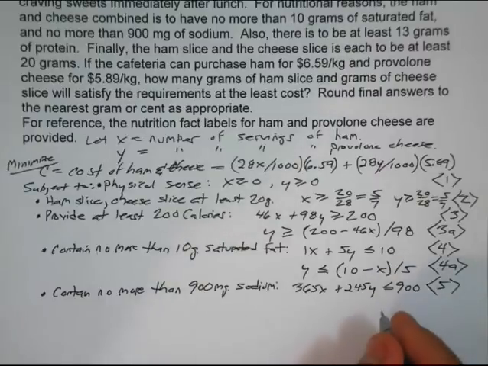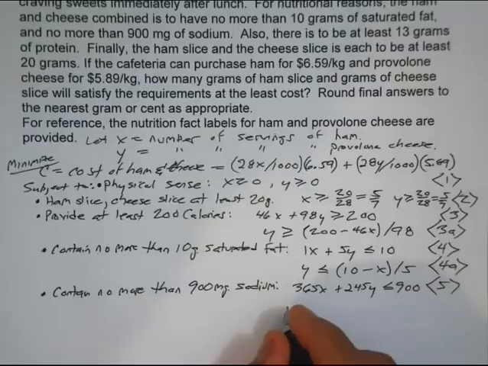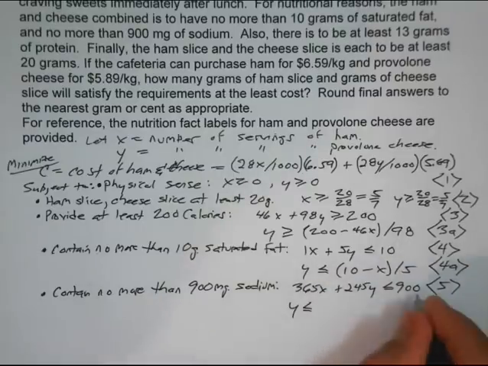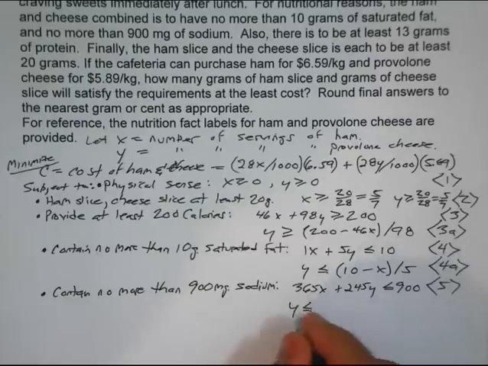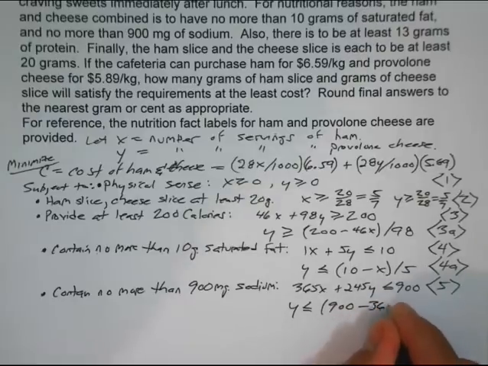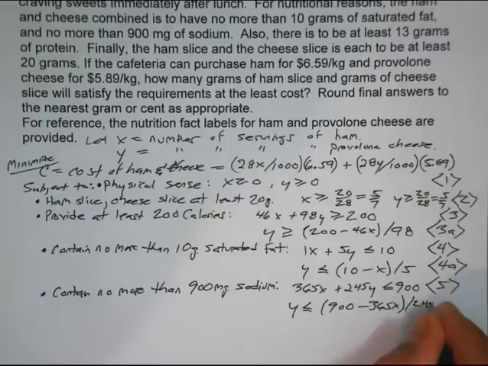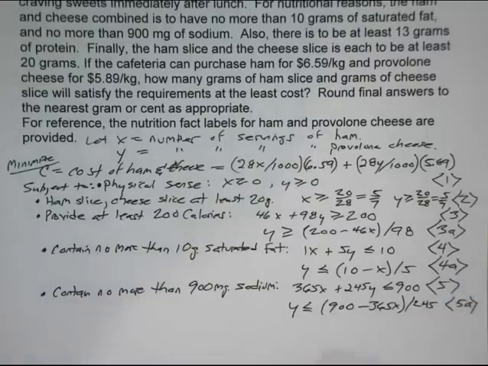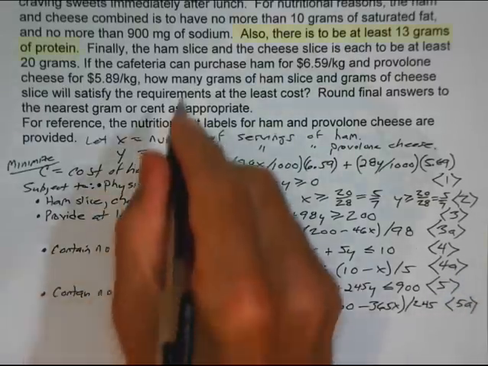Again, we're anticipating the usage of the TI-Nspire, so let's get y solved for. y less than or equal to, subtract 365x from both sides, then divide both sides by positive 245. We have, in parentheses, 900 minus 365x divided by 245. Call that 5a.